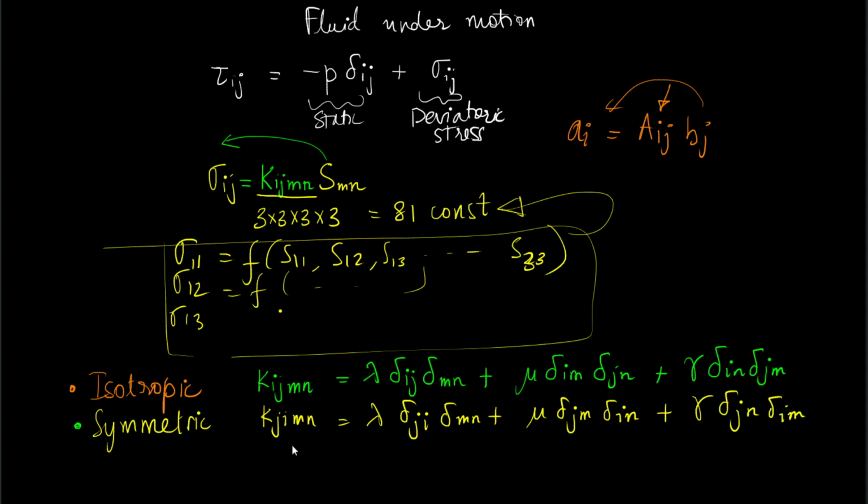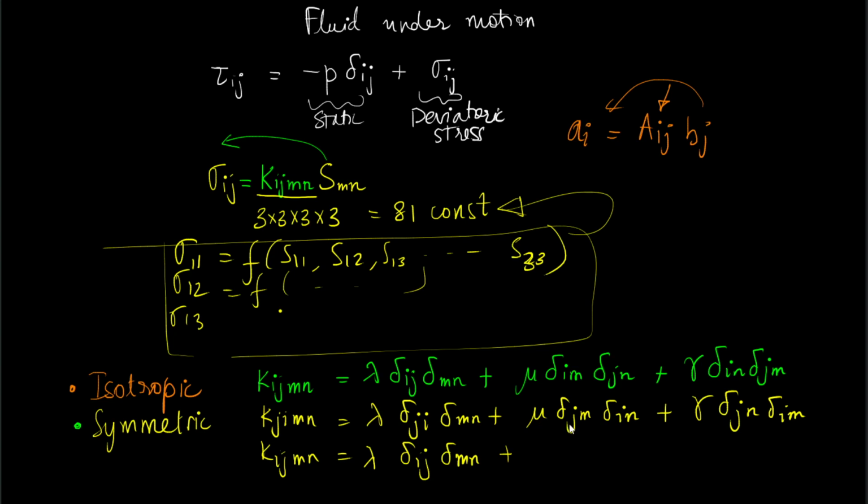And because it is equal, K jimn is also equal to K ijmn, and it is equal to this thing. Now ij are swappable for delta because i equal to j is all that matters for the Kronecker delta. So this will be delta ij delta mn.